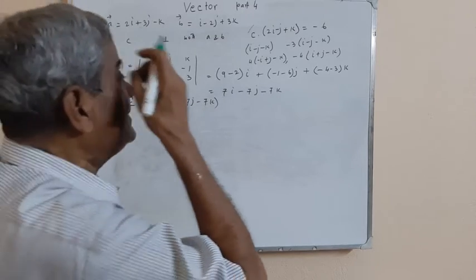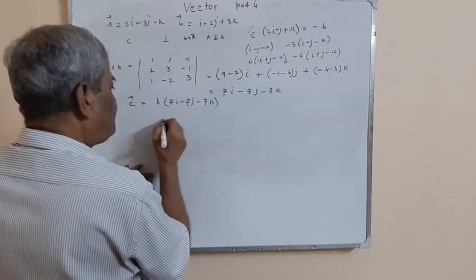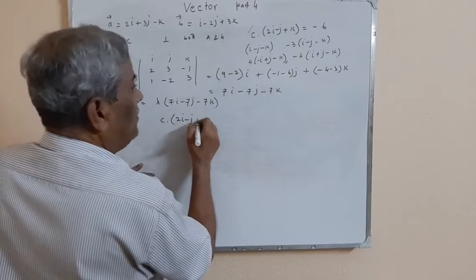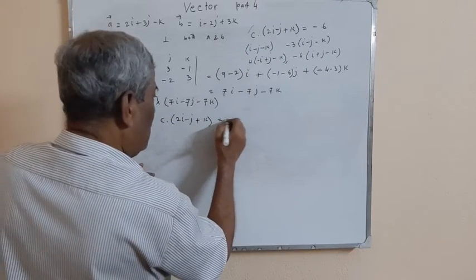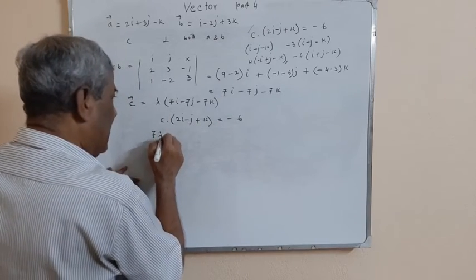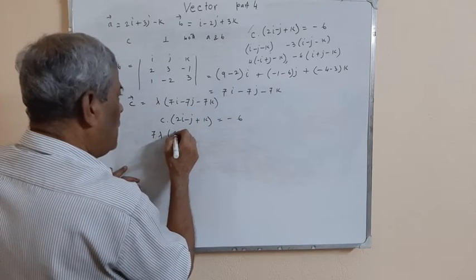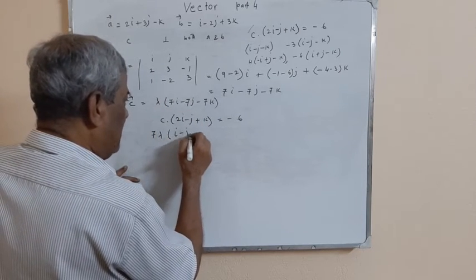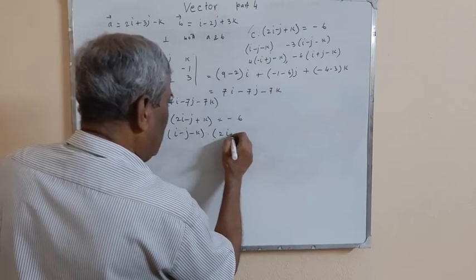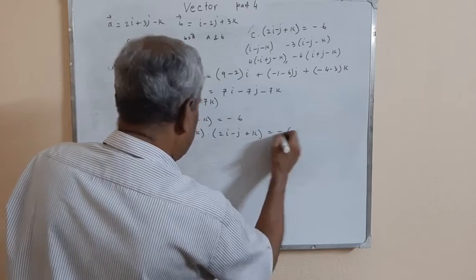Again, given that this condition is true, C dot (2i minus j plus k) is equal to minus 6. That is, 7 lambda, I have taken 7 common, 7 lambda into (i minus j minus k) dot (2i minus j plus k) is equal to minus 6.